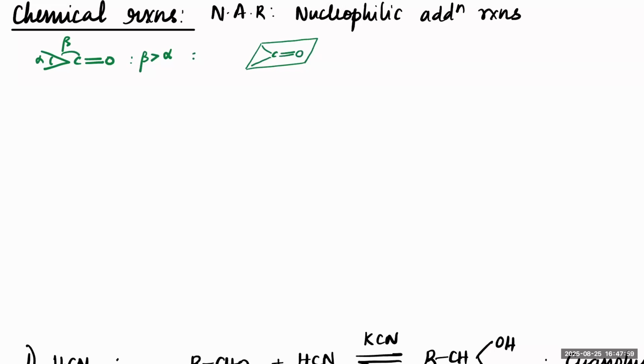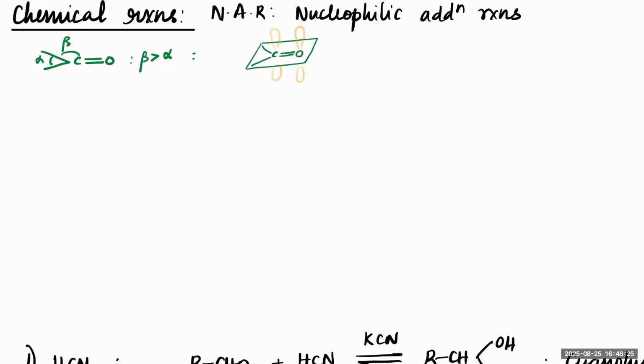This is a planar structure. But if you notice its orbitals, one orbital is above the plane and the other is below the plane. Here also one orbital is above the plane and the other is below. This is a pi bond.